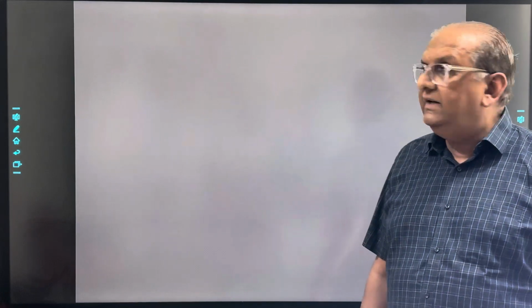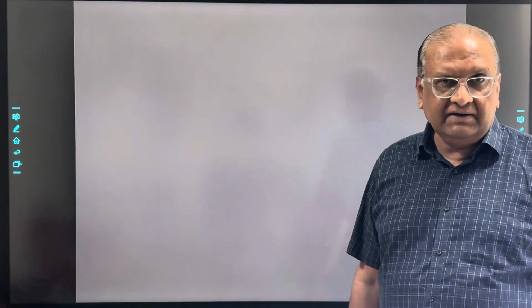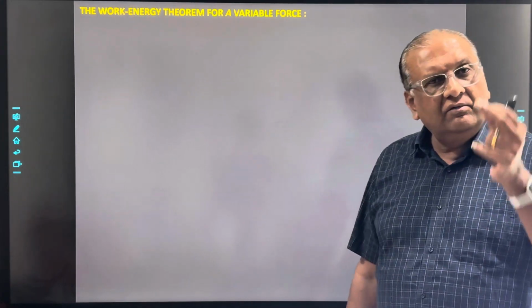If the force is a variable force, then how do we calculate work done? That we already discussed. Now, if force is variable, how can we represent the work energy theorem? So now we have to discuss the work energy theorem for a variable force.